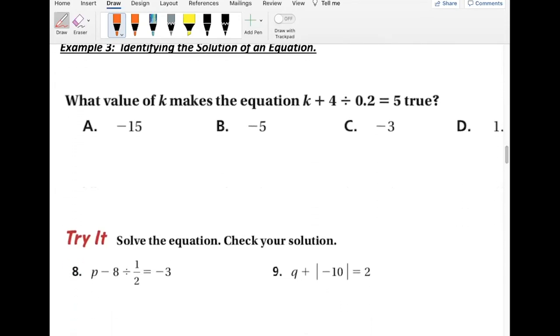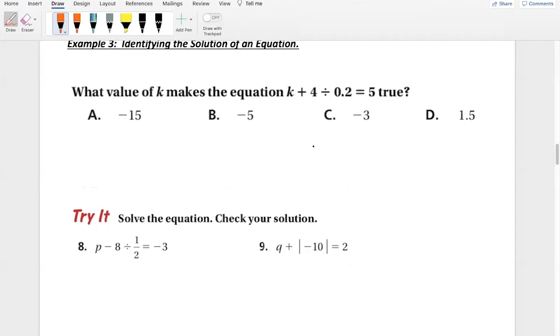All right, very good. Let me enlarge that. This one is a little multiple choice here. What value of k makes the equation k plus 4 divided by 2/10 equal to 5 true?